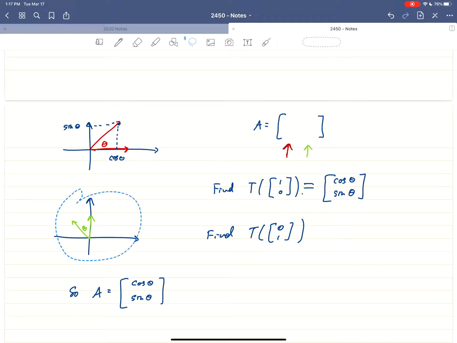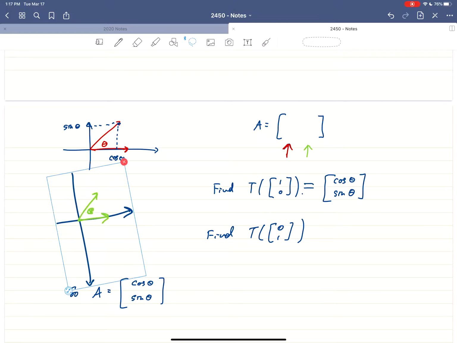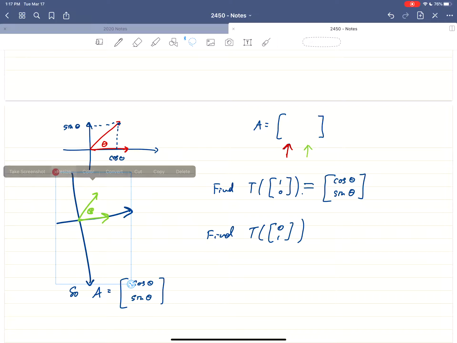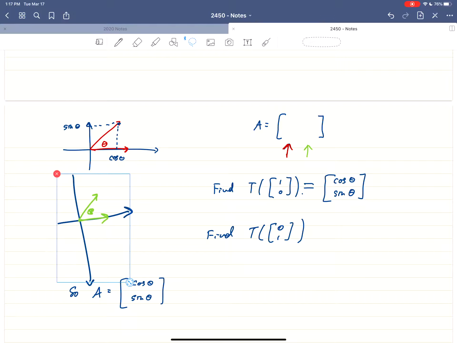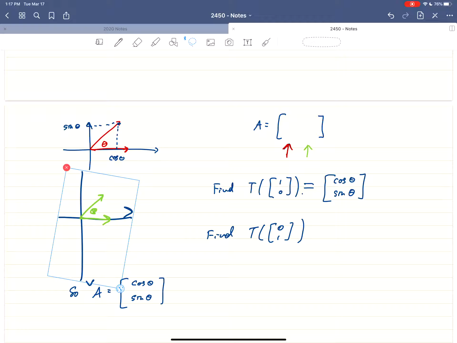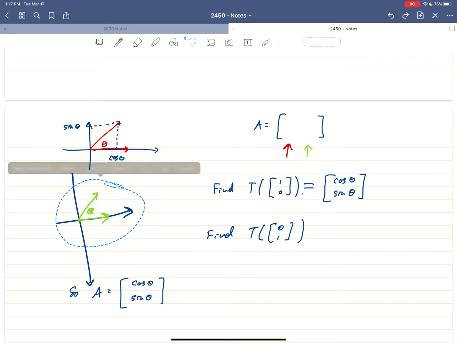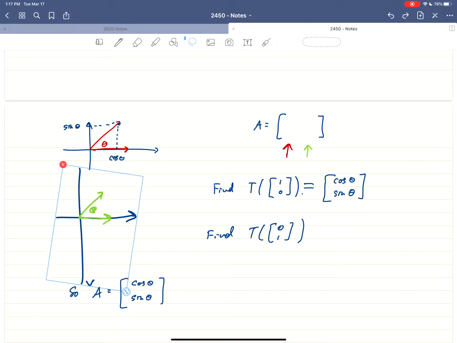If you were to rotate this so that it is in line with the unit vector in the x direction, i hat, (1, 0), you would have the same values.